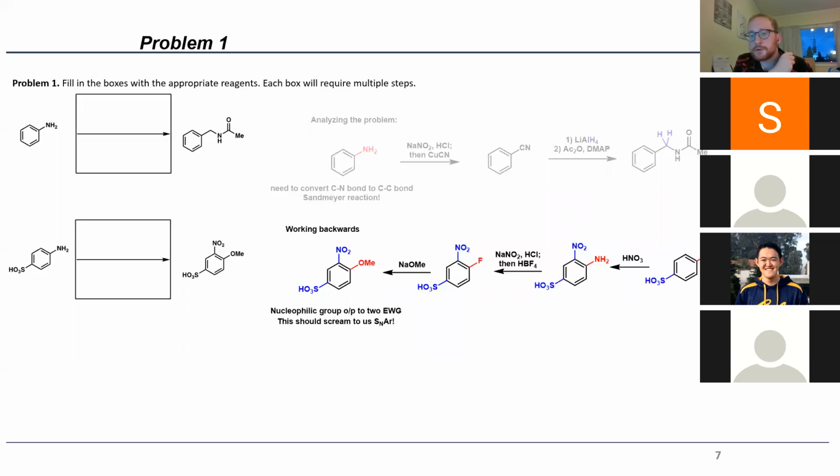But typically, in order to use acid to turn a nitro group into an amine, what you also need is some kind of metal like zinc. So you can use zinc and acid to reduce nitro groups to amines. So just acid itself will not harm a nitro group. Good question. Any other questions?